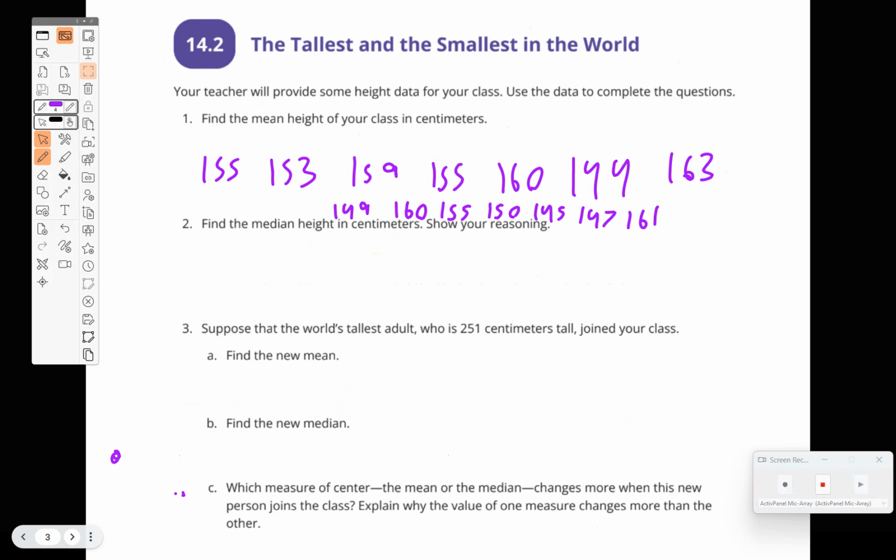And 146. All right, mean and median, and then stop.